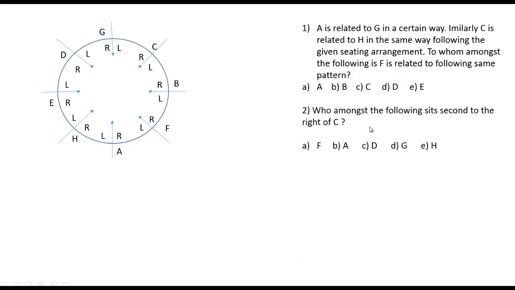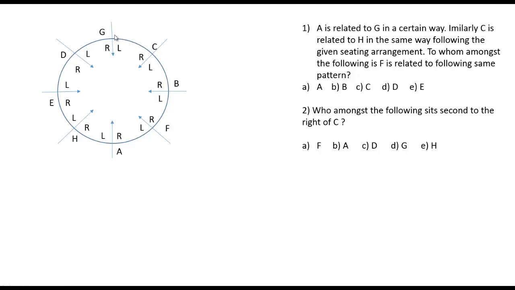Now see the next question. Who amongst the following sits second to the right of C? First check for the C. This is C. And second to the right of C, so go in the right direction. So in the right direction means in an anti-clockwise direction.